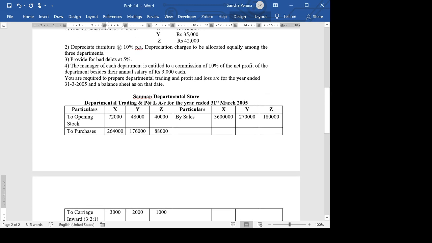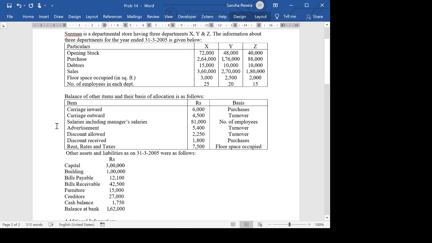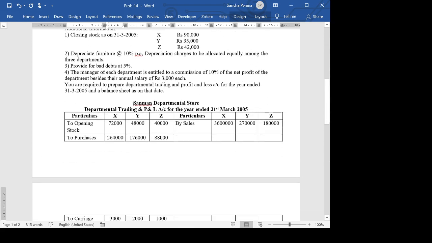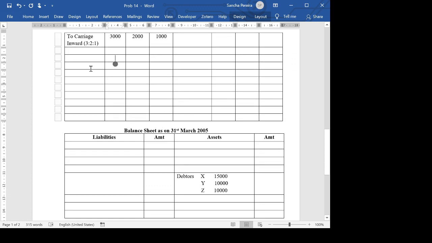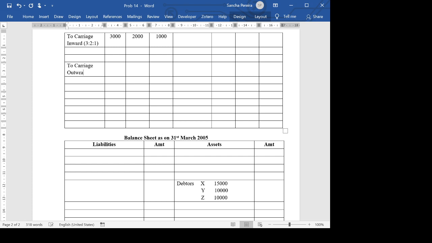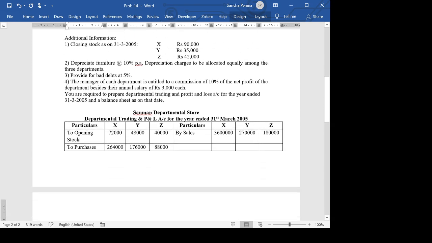The first thing that we have here is carriage outward, 4,500, based on sales. To carriage outward, based on sales, so we find our ratio of sales.